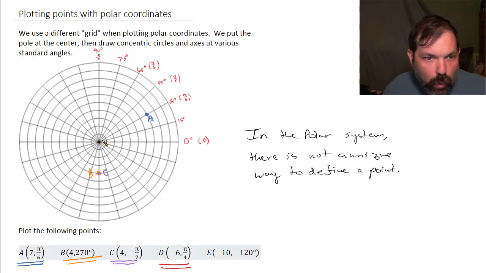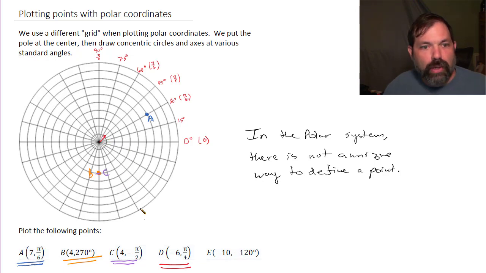So now we point at pi over 4 in that direction. Now if r is negative, the way I think of it is step backwards. So I'm in the direction of pi over 4, and I'm going to step backwards 1, 2, 3, 4, 5, 6 marks. So this is the point D.